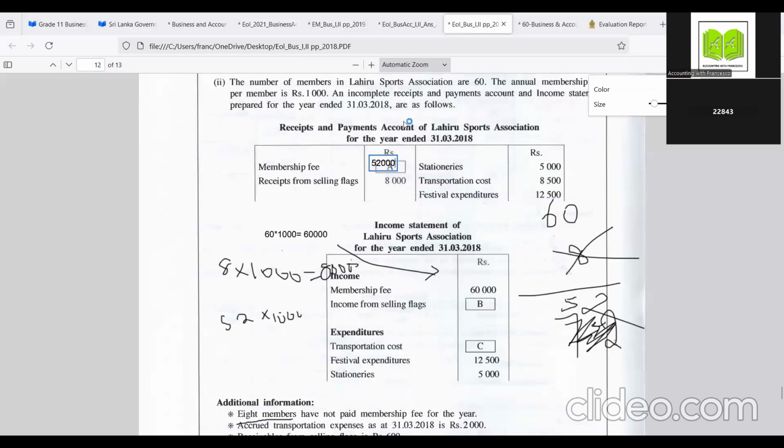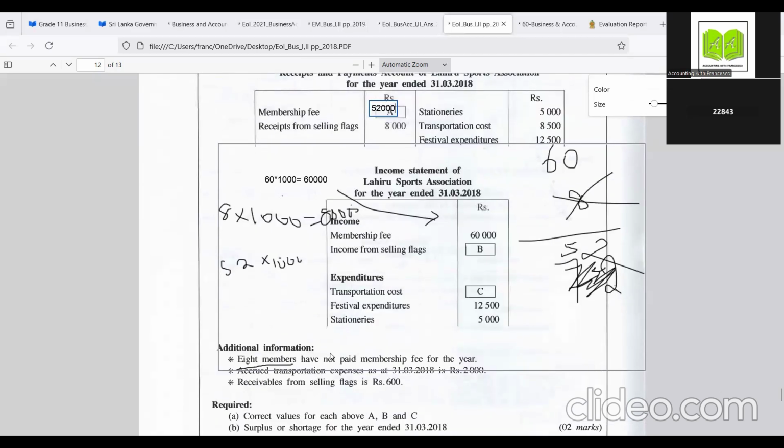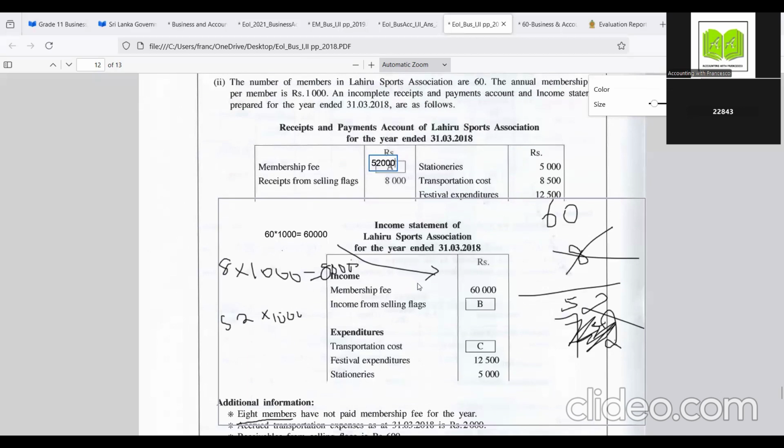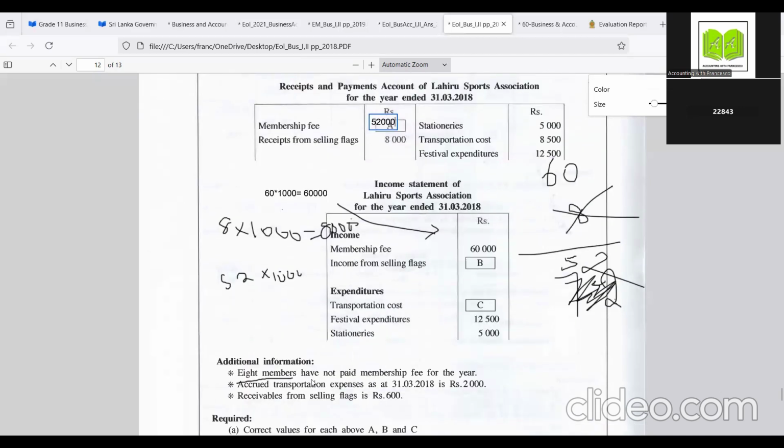Then B, income from selling flags. The question says receivable from selling flags is 600. What should I do for this 600?